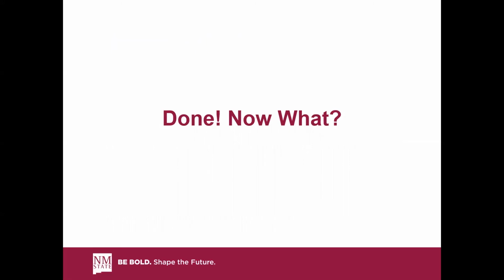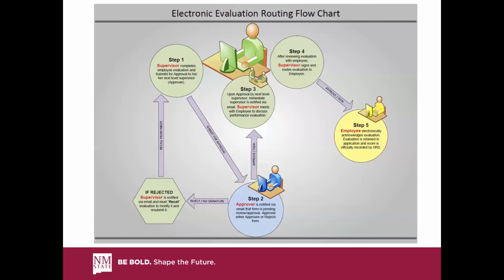So you're done with the evaluation. You've completed it. Now what happens? This is the process for the evaluation cycle. The supervisor completes the evaluation. It gets submitted electronically to the next level approver. The next level approver either sends it back for some kind of editing or approves it.